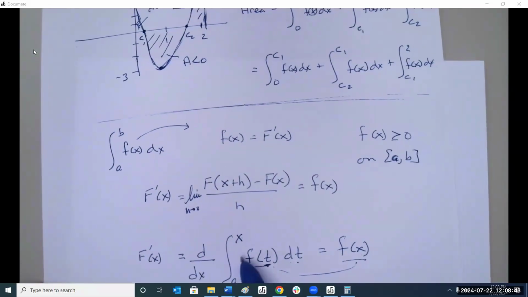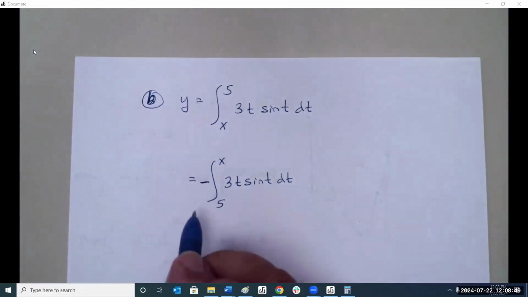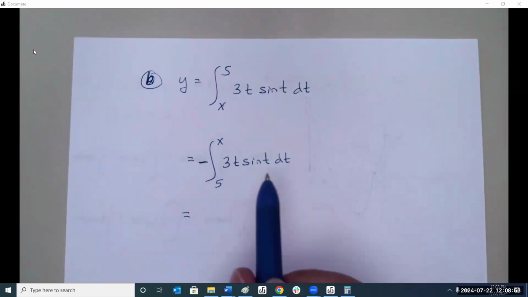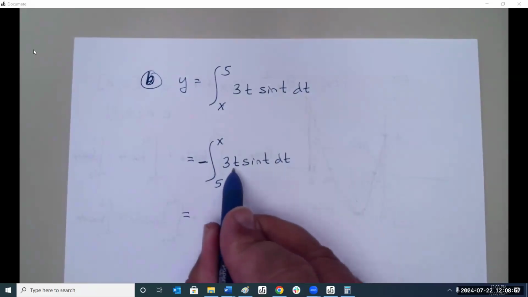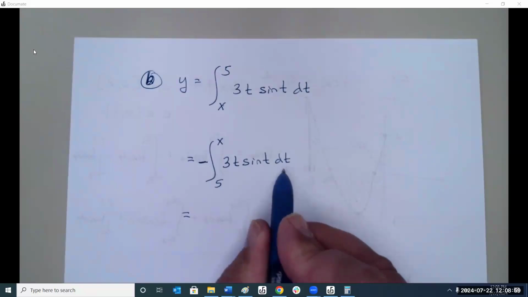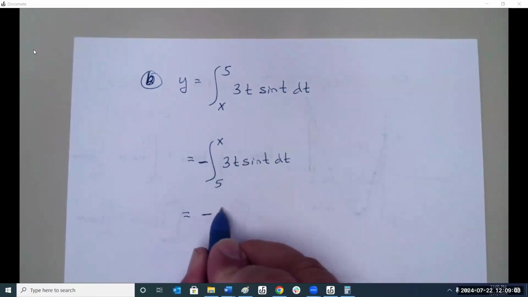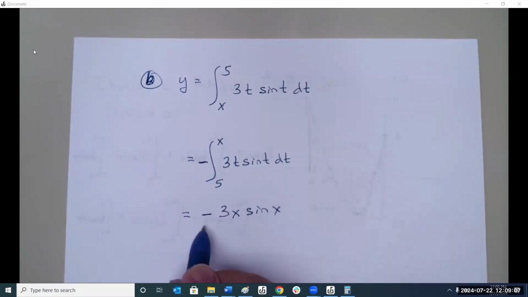It has to be from a to x. So since we're from a to x, all we have to do is change anywhere you see a t to an x. So that's a negative in front. 3x sine x. And there's your answer.